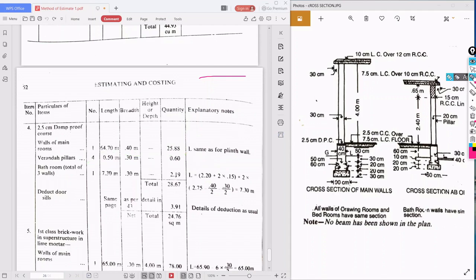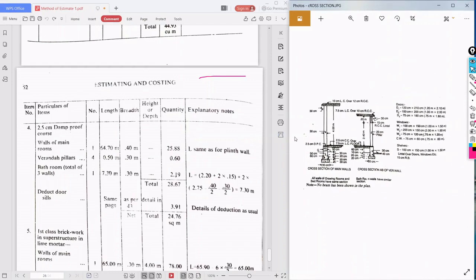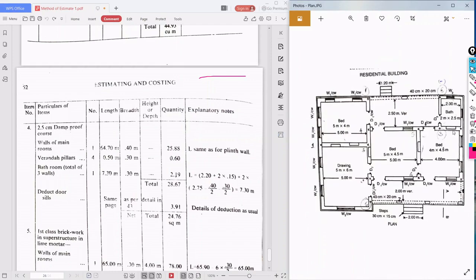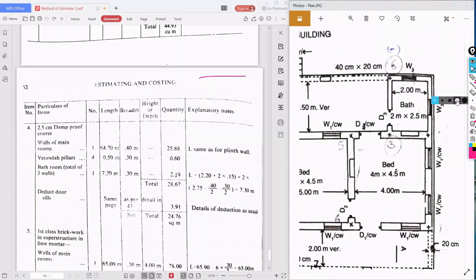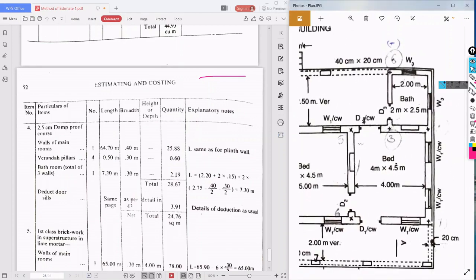Then for bathrooms, see here. These bathrooms are 20 centimeter wall and we have not collected them separately. So bathrooms total 3 walls.